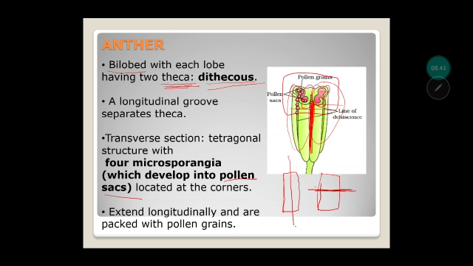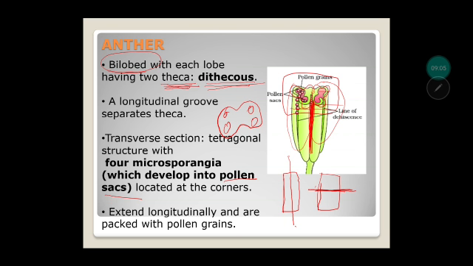So let us do it again. Anthers are bilobed structures. They have two protective layers, that is why it is called dithecous. And if you see the transverse section, you can see 4 parts of the anther, 1, 2, 3, 4, like this.